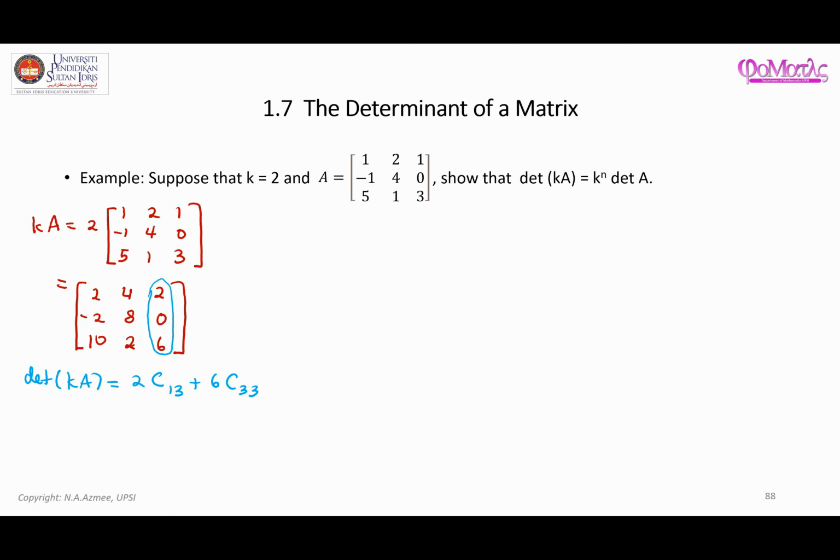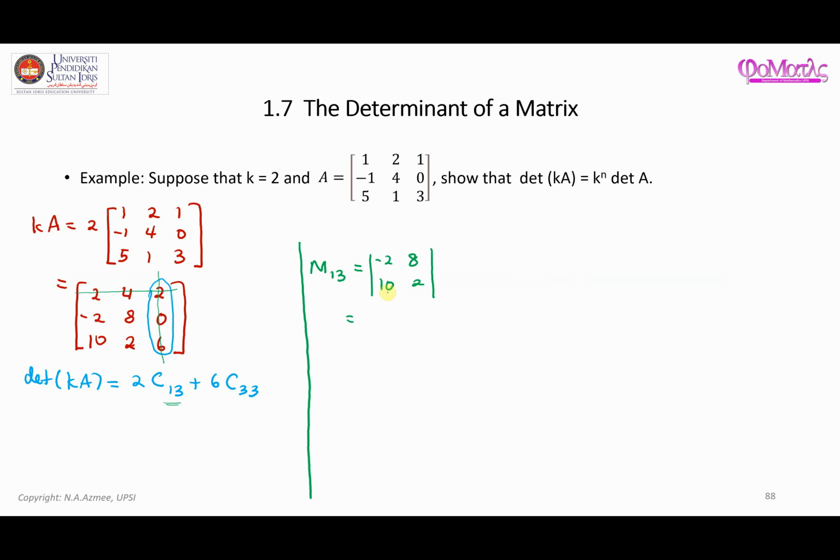Now what we need to do is find what is C13. In order to find C13, we start off with finding M13, which can be obtained if you consider deleting the third row and the first column. So we have this matrix, -2 and 8, 10 and 2.